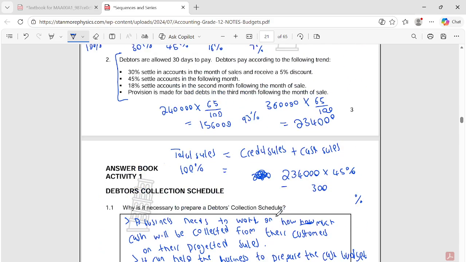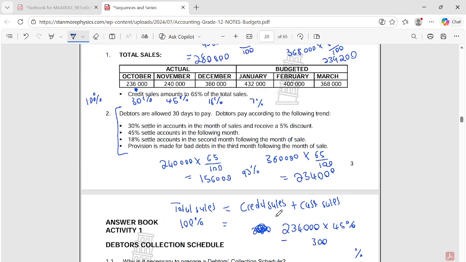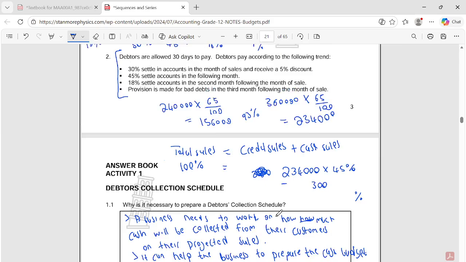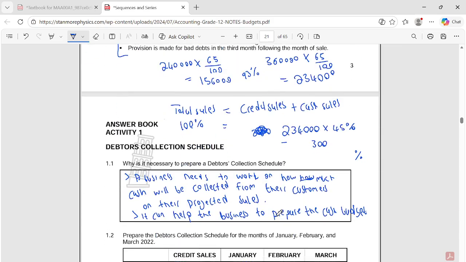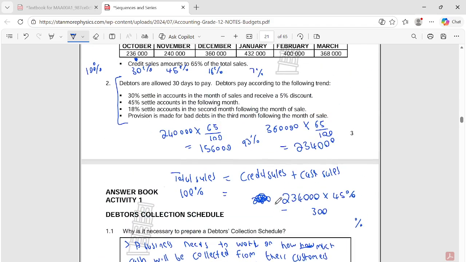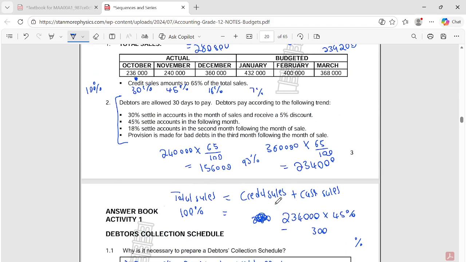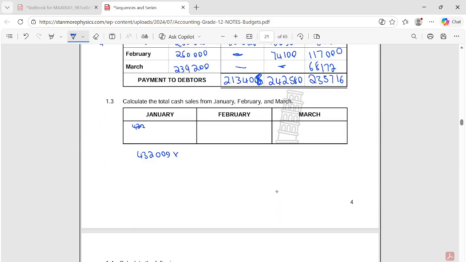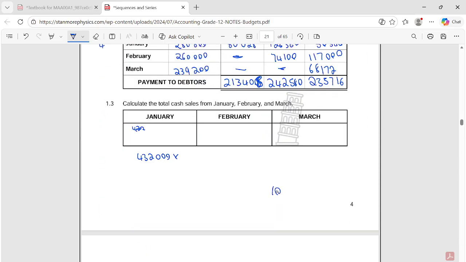Now let's go to our cash sales for January. So our cash sales for January is 432,000, right? So I'm going to say 432,000 multiplied by what? Remember, our credit sales is 65%, right? Total sales is 100%, and our credit sales is 65%.